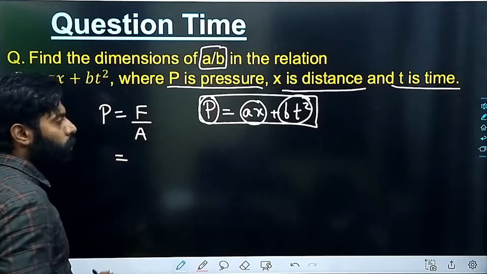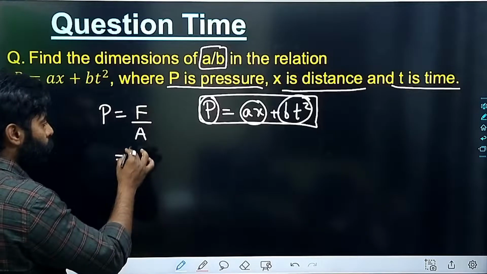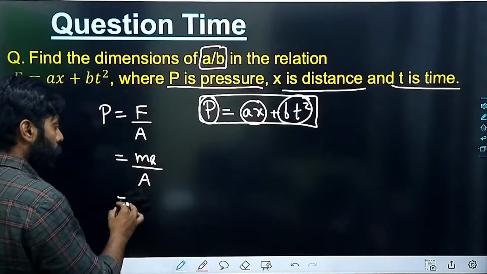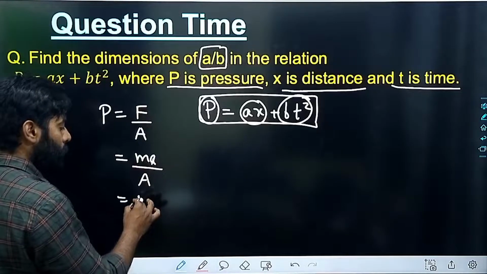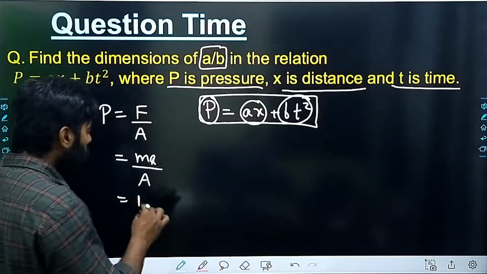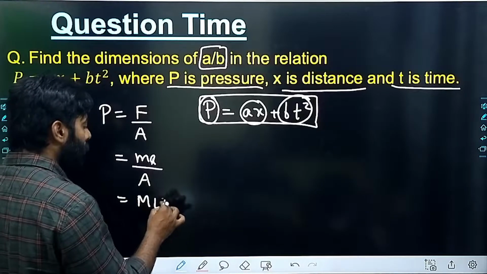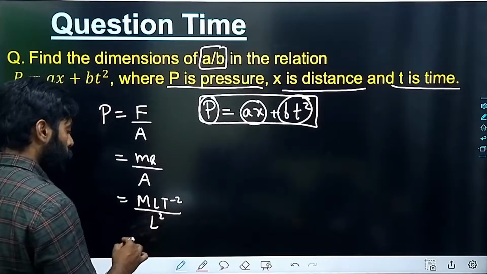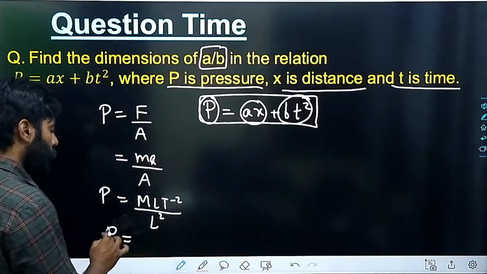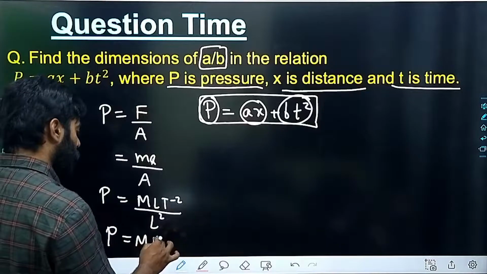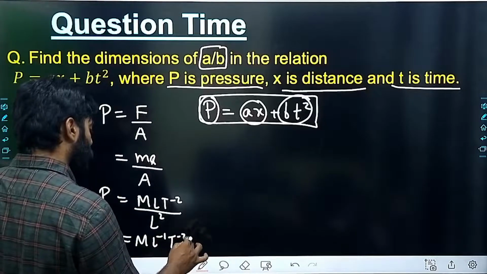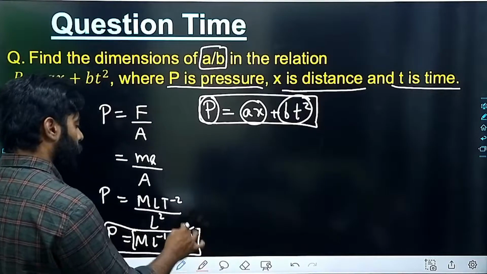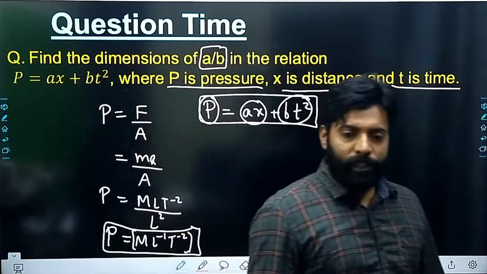Force is mass into acceleration, which is MLT minus 2, and this is area, L square. So pressure will be equal to ML minus 1 T minus 2. So this will be the dimensions of pressure.